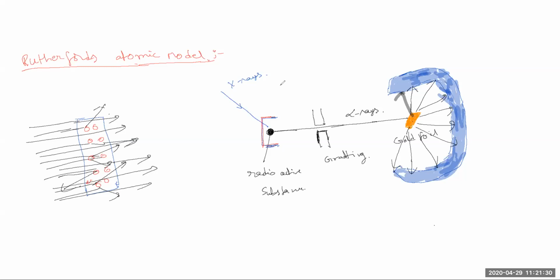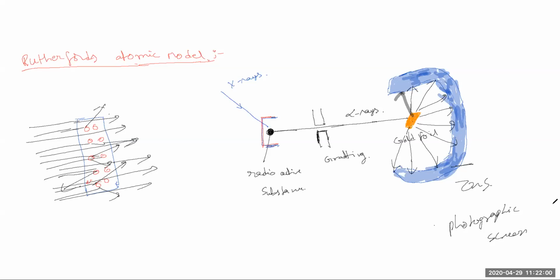In the second diagram, those radiations pass through the gold foil and are focused on the photographic screen. What is a photographic screen? This one is the photographic screen. ZnS, zinc sulfide. Okay, photographic screen.